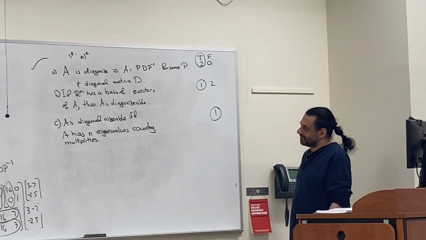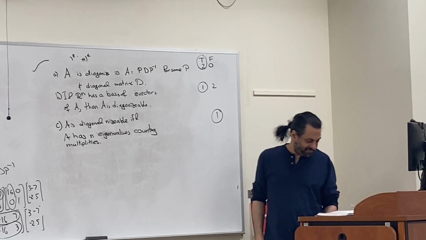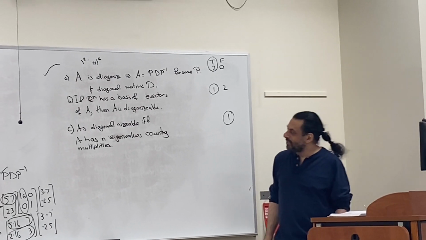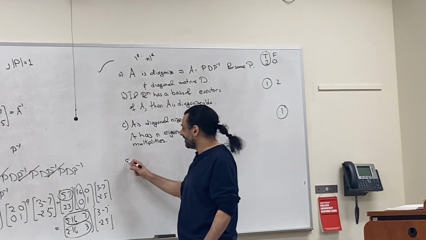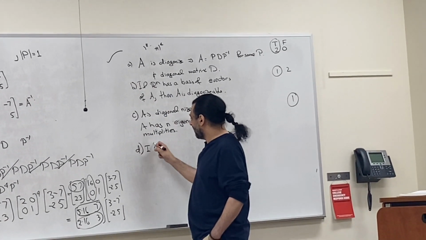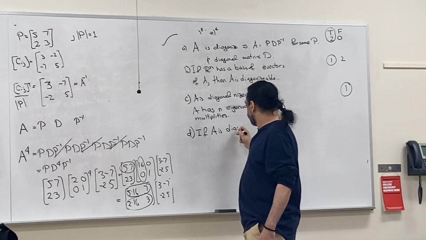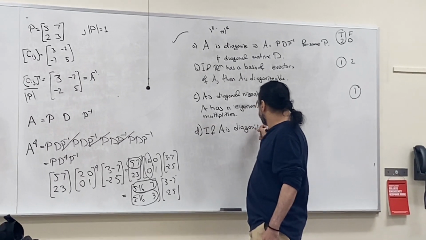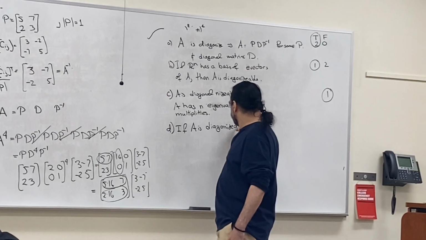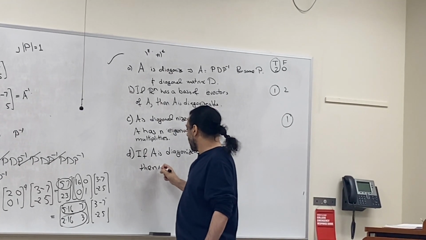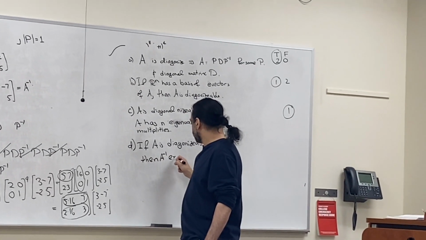Oh, here's a good one. If A is diagonalizable, then A inverse exists.